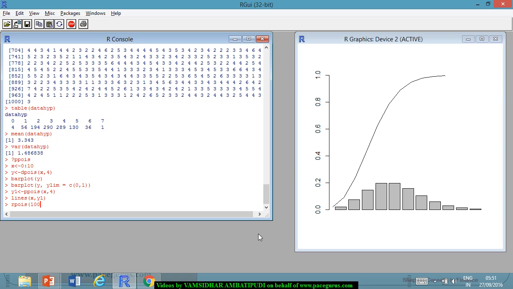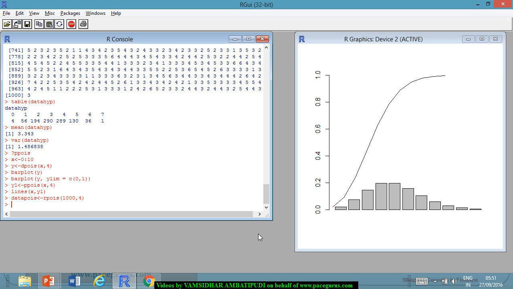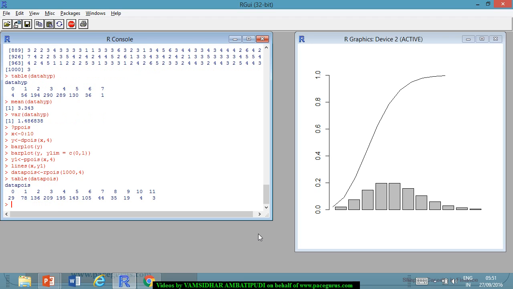So I'll generate some 1000 successes where my lambda value is 4, right? And let me take these into data poise as a variable. So when I'm looking at my data poise, I'll take the table of data points, without unnecessarily publishing the data.